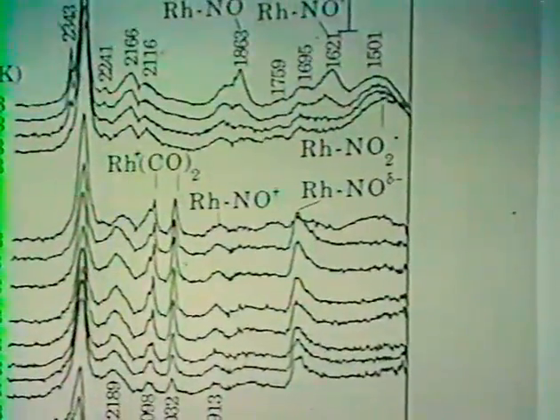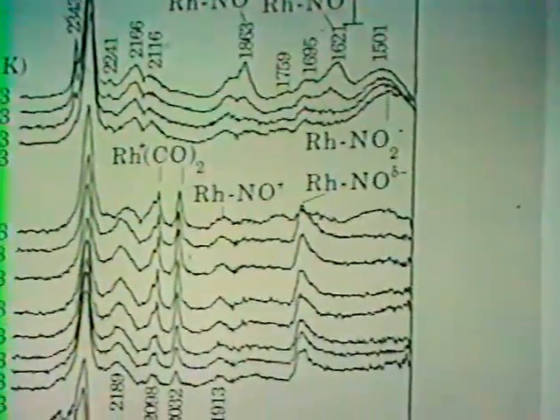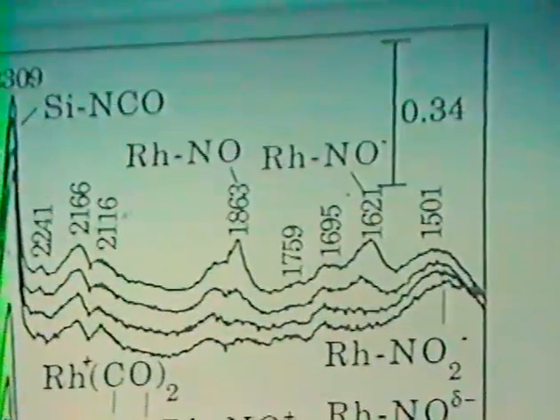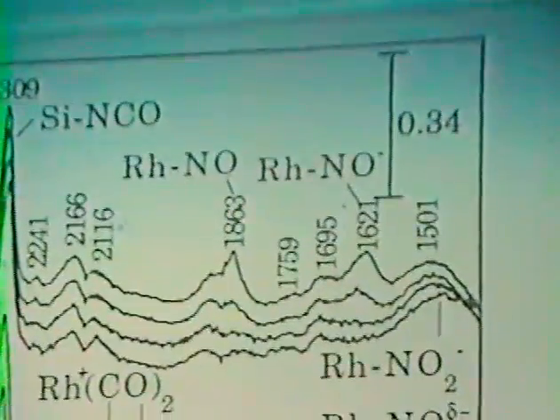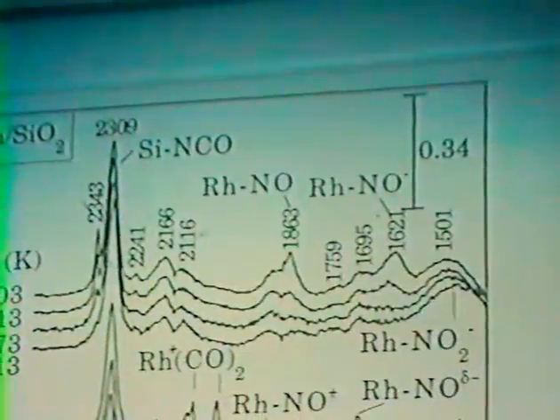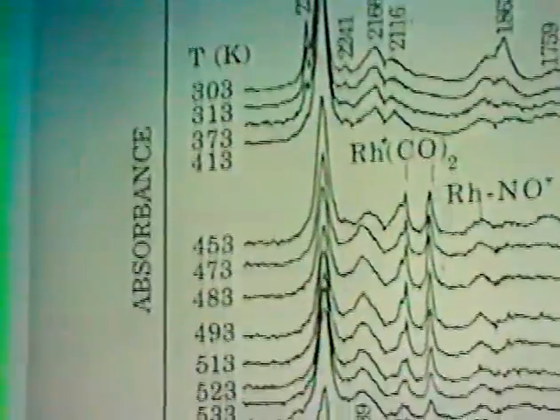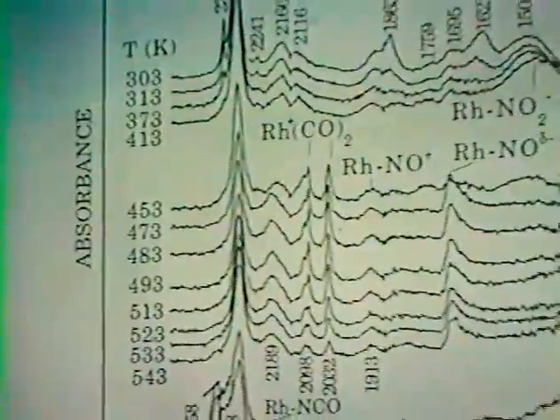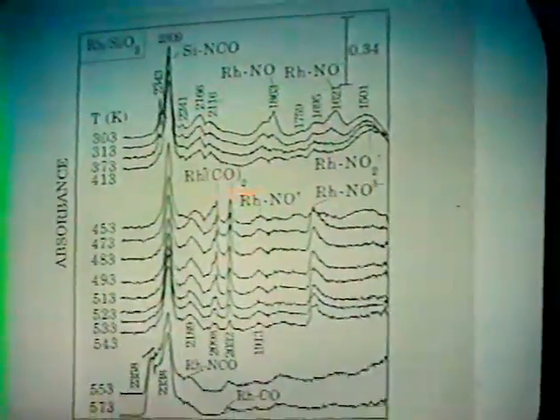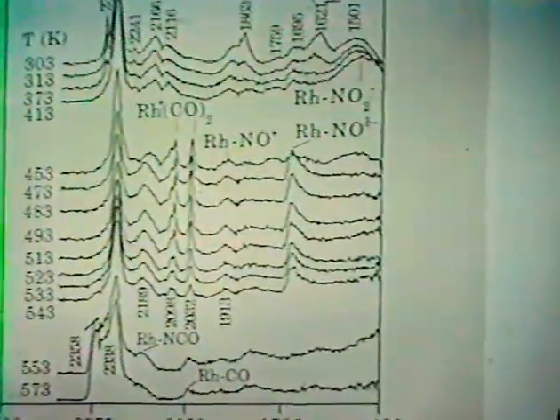In the low temperature range, the dominant adsorbed species are NO species. There is very little adsorbed CO observed. And as the temperature increases up to 453 K, we start to see the rhodium gem dicarbonyl species.